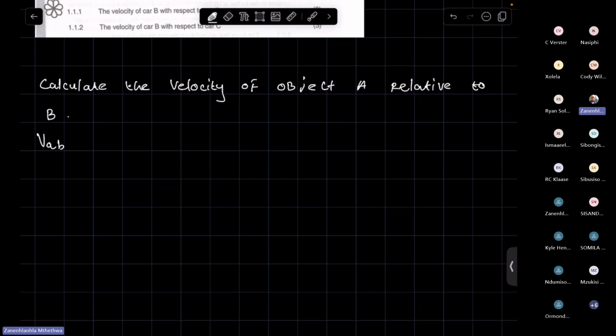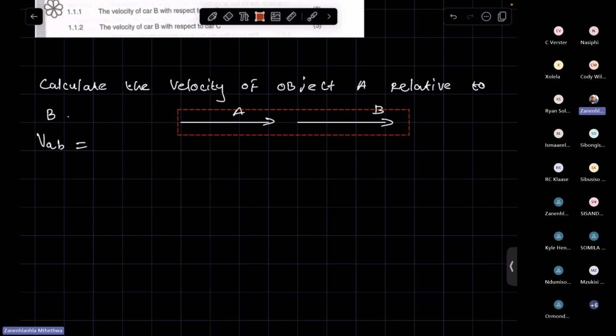Now, if the objects are parallel to each other, mathematically, this is how we express the velocity of an object relative to its frame of reference. This is assuming that both A and B are parallel. So say that's A, say that's B. That's what I mean by both objects being parallel.